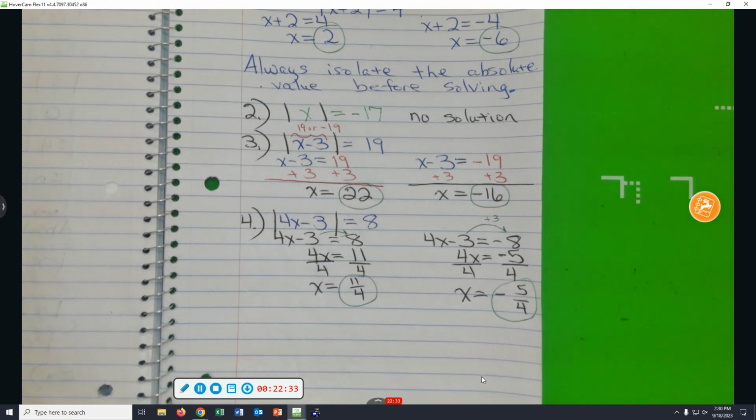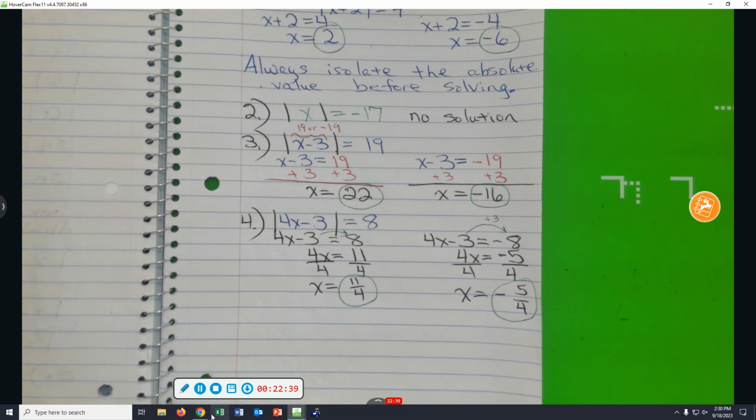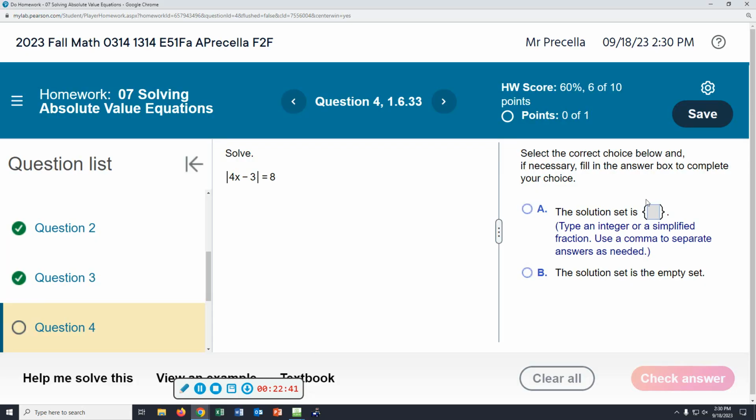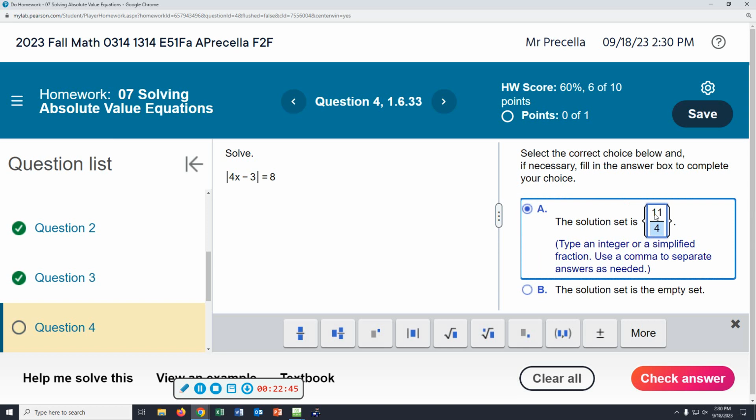Any questions there? So let me type that in so that y'all know it's right. 11 over 4, comma, negative 5 over 4.